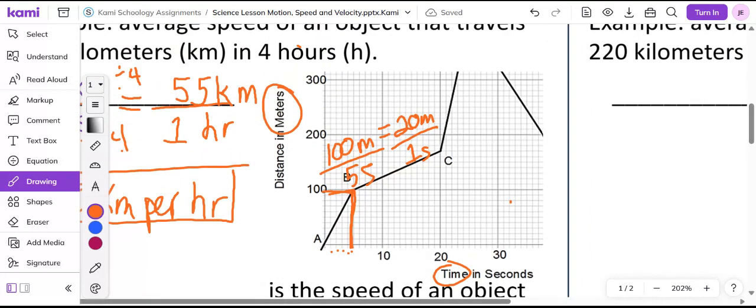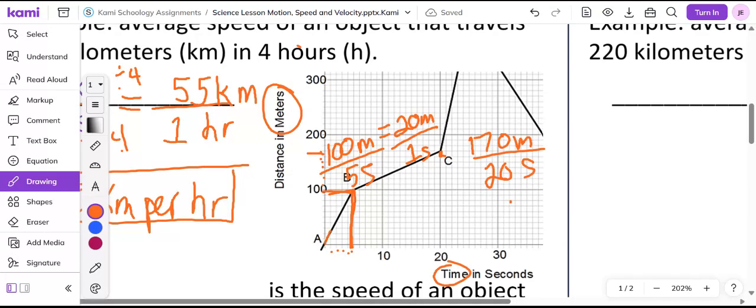We can also look over here and see what the speed is. It looks like 170. So 10, 20, 30, 40, 50, 60, 70. At point C, we have 170 meters, and that is at 20 seconds.